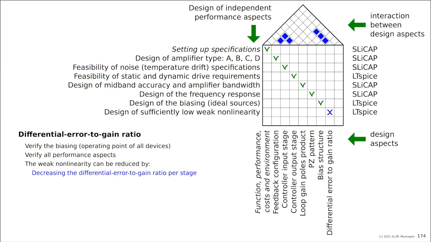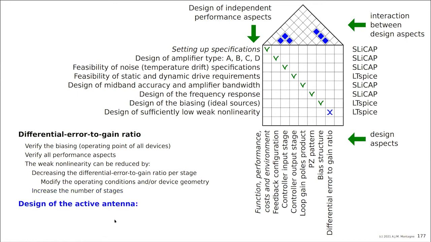That's important. That can be done by modifying, for example, the operating conditions or the device geometry. And of course, we can just add a stage. We can increase the number of stages, and then we should apply stages that can contribute largely to the loop gain without contributing to nonlinearity. That means you have to insert them at places where there is not a high signal load, not high voltage and current drive requirements.